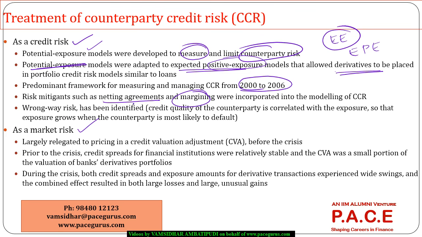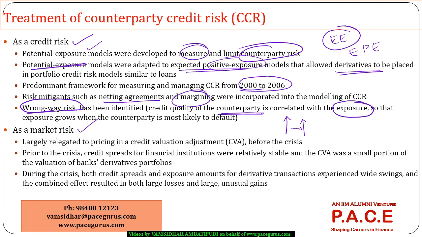But what has been observed during the financial crisis is there is a very heavy possibility of wrong way risk. Because if you look at the credit quality of the counterparty versus the exposure, they are getting very much correlated. So there is a very clear-cut possibility that when the counterparty is defaulting more and more, there is a chance that the exposure is also increasing.